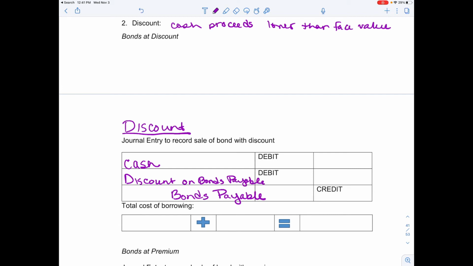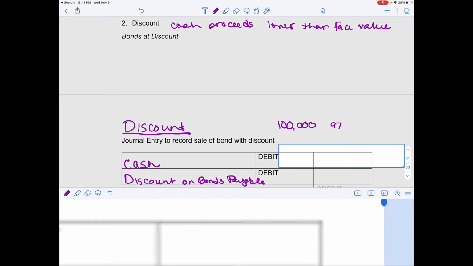I'll throw some numbers in here just to give you an example. We're just going to use simple numbers. We'll give it a $100,000 bond. It's selling at 97. So that means my cash proceeds are $97,000.